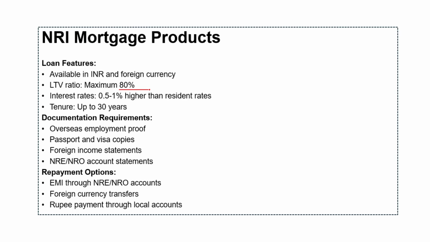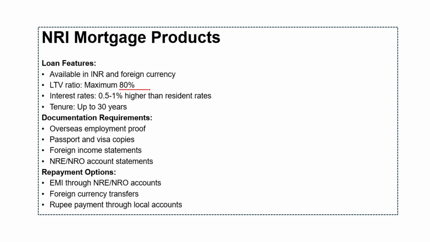Then we come to interest rate. So, 0.5 to 1% higher than resident rates to compensate for these additional risk and operational complexities. We have just understood what are the difficulties they face. So, of course, they will try to charge more from them.